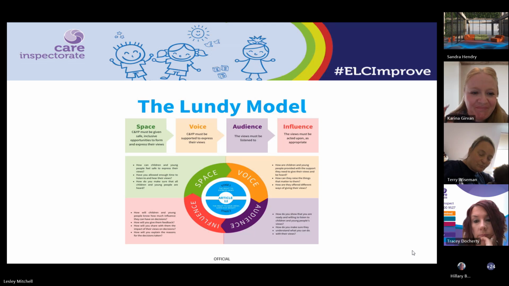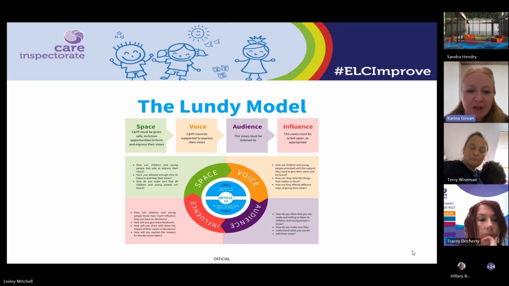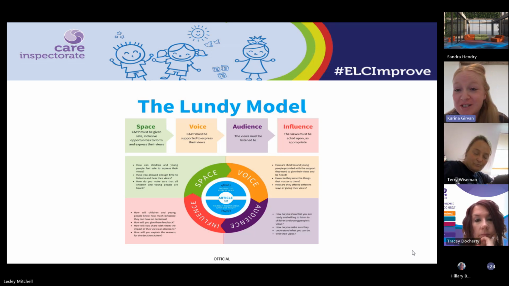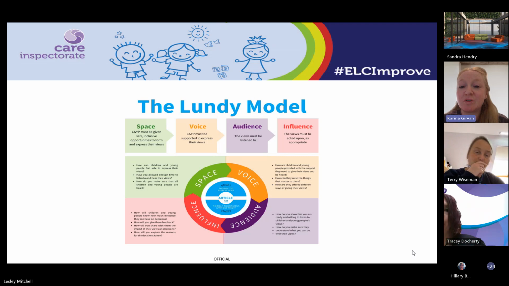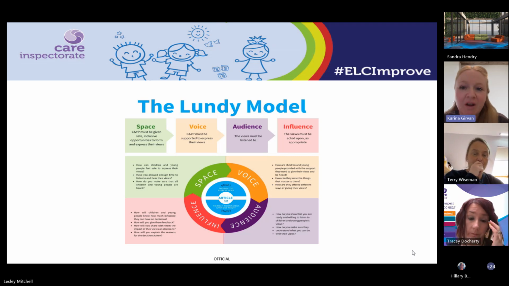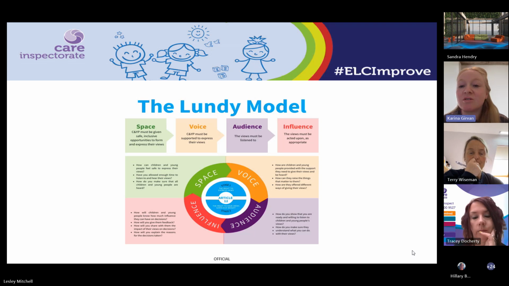So, for example, if we're looking at Article 12, which is about children's voice, you might want to think about Article 3, which is the best interest of the child, or Article 19, the right to be safe. So, for example, in terms of child protection, a child may make a disclosure to yourself, or their behaviour might indicate there's concerns. So that's the right to be heard, Article 12, and then the right to be safe, Article 19.